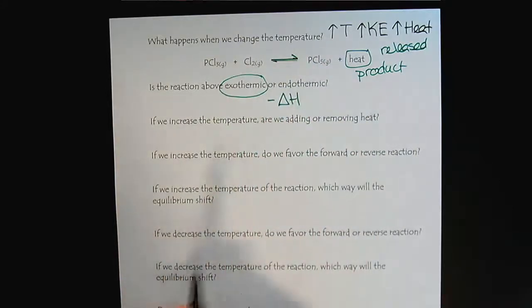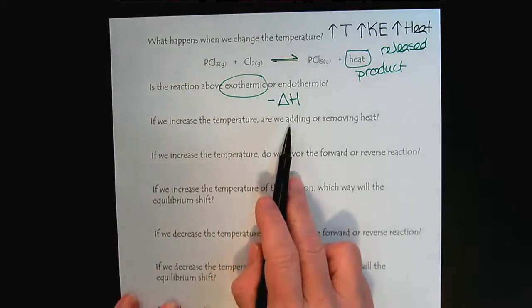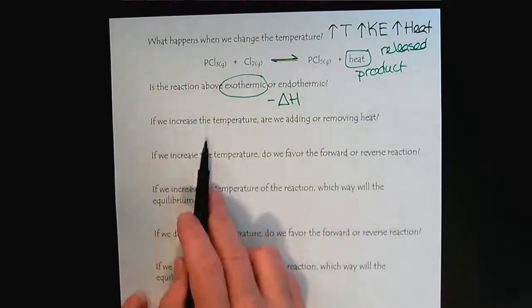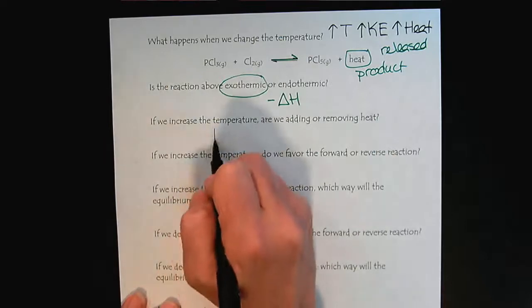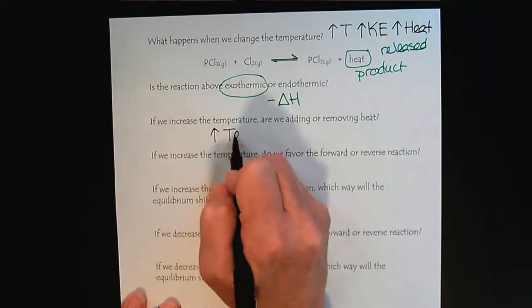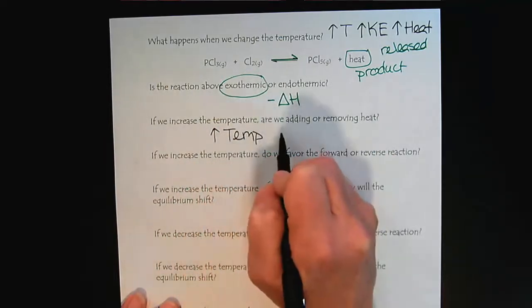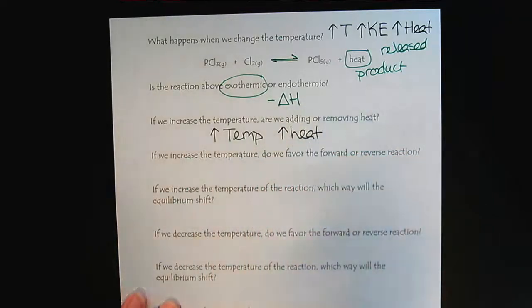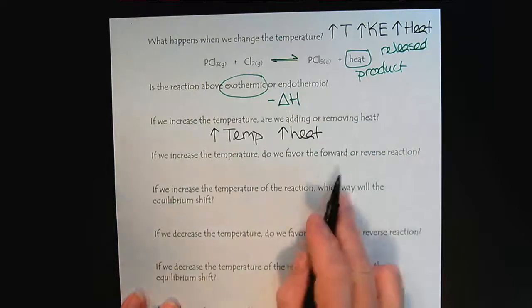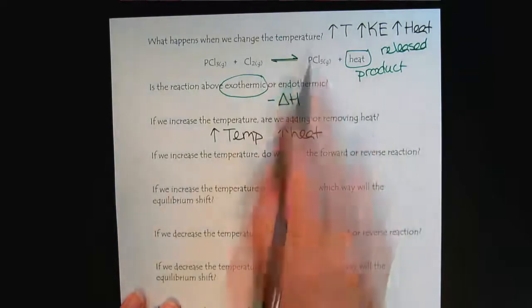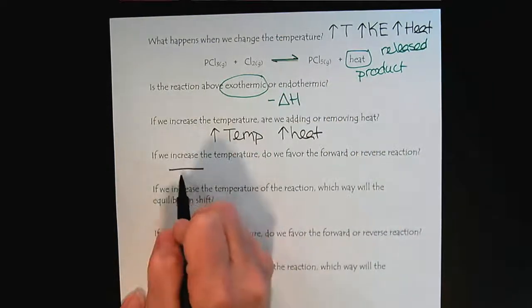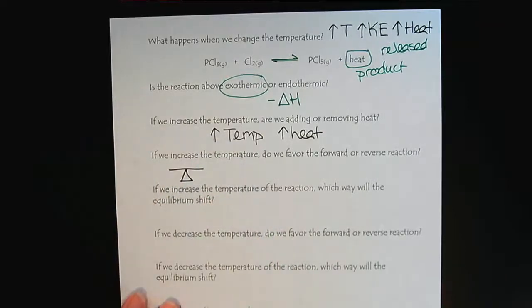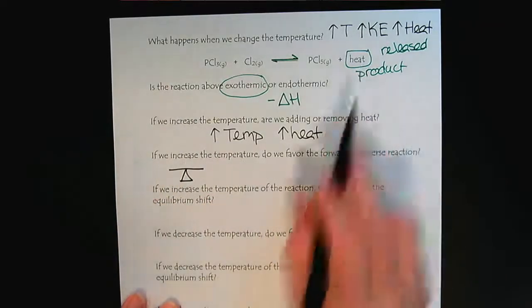So this is kind of a rehash of up above. If we're increasing the temperature, we're increasing the heat. So let's use our teeter-totter model and look at the reaction we're studying. So here is our reaction, and heat is on the product side.